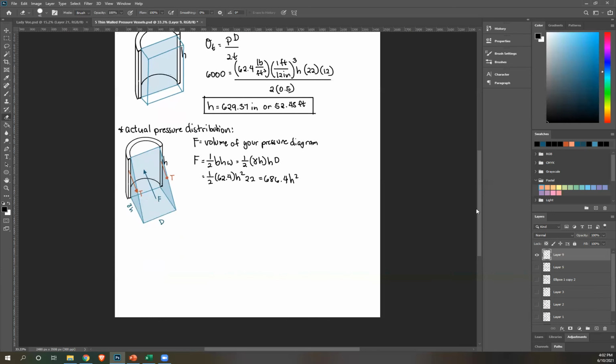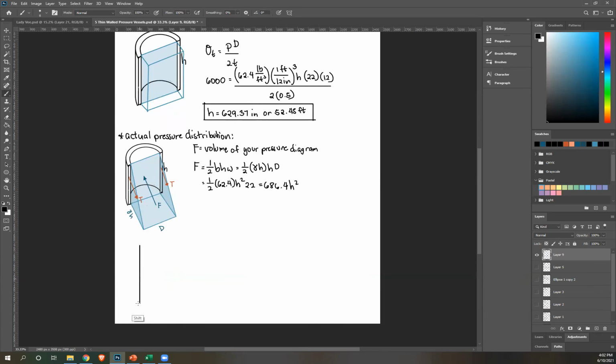Okay, so side view. This is your vessel. It's gonna be filled with water up to here. Okay. And then this water has a pressure distribution diagram that is forming a triangle. Okay. So it's 0 at the top because there's no pressure at the surface. Then it's maximum here at the bottom.